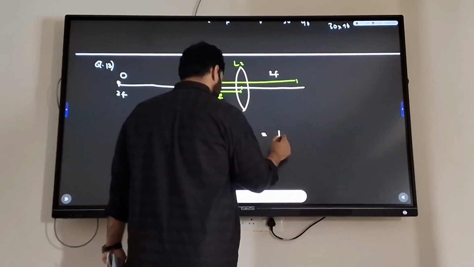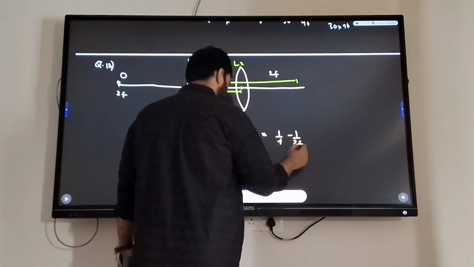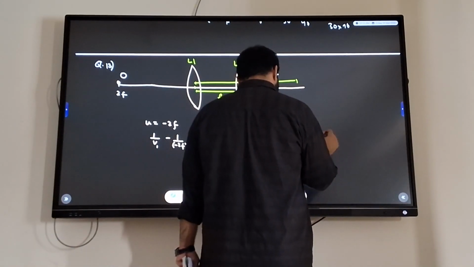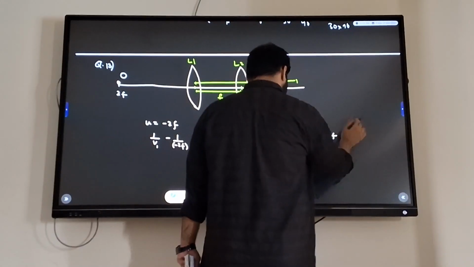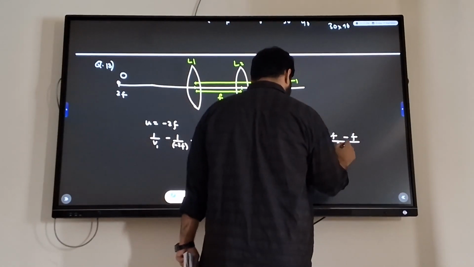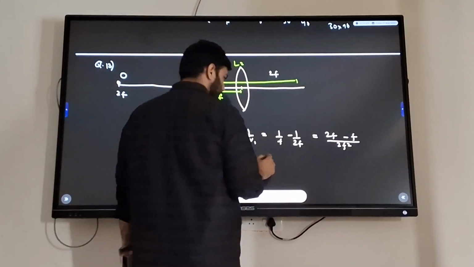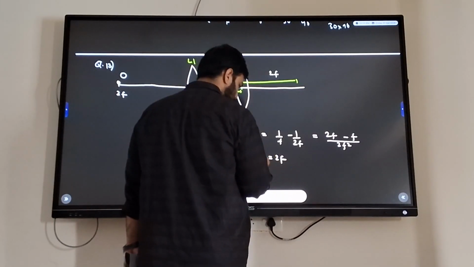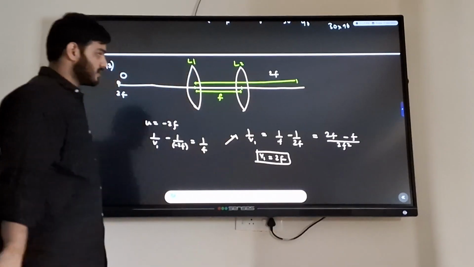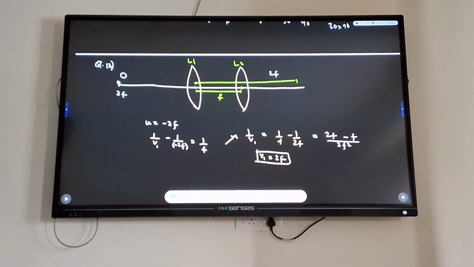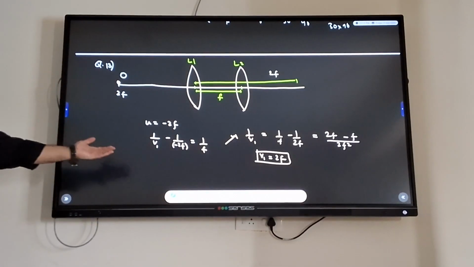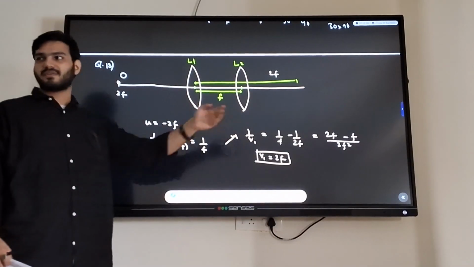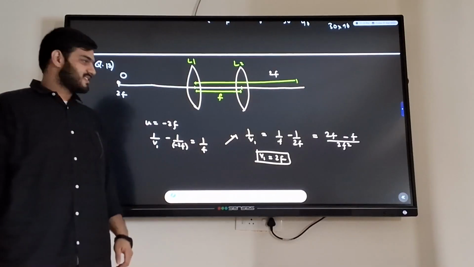1 by F minus 1 by 2F. You will get V1 equal to 2F. I did not need to do the calculation. I could have just said if you put your object at 2F, you will get the image at 2F.